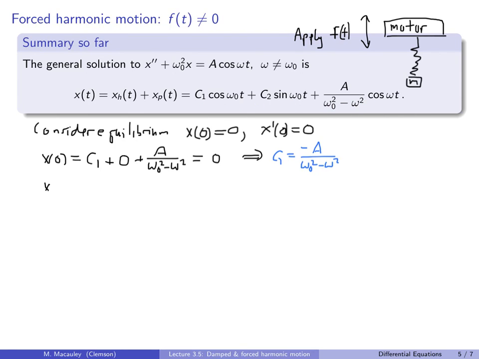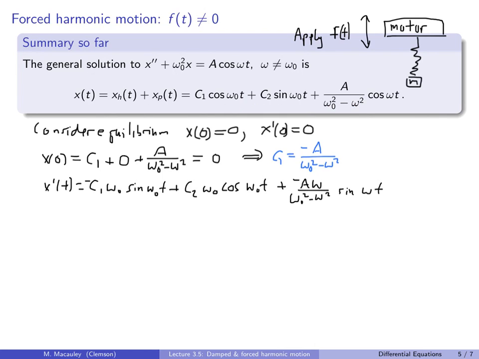So x prime of t equals negative c1 omega naught sine of omega naught t, plus c2 omega naught cosine of omega naught t, plus a omega over omega naught squared minus omega squared times sine of omega t, with a negative sign out here.